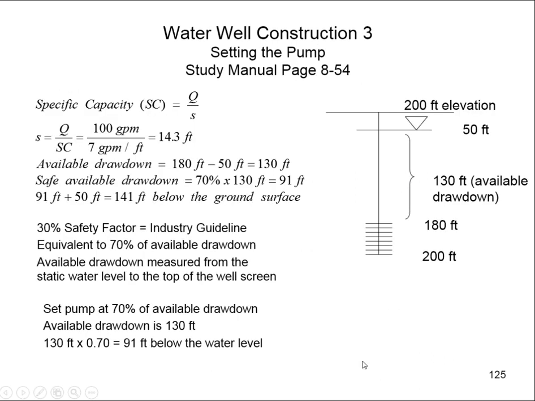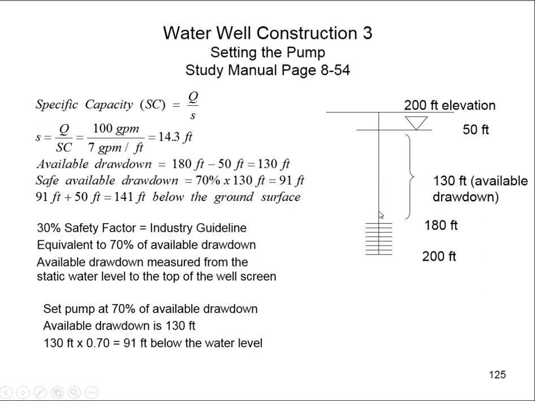Okay, where are you going to put the pump? A lot of people put it at the top of the well screen and then move on. I want to optimize it because I don't want to use more energy to lift the water from that point all the way up to the surface. I don't want it so high that if I draw down the static water level, it's below the pump.